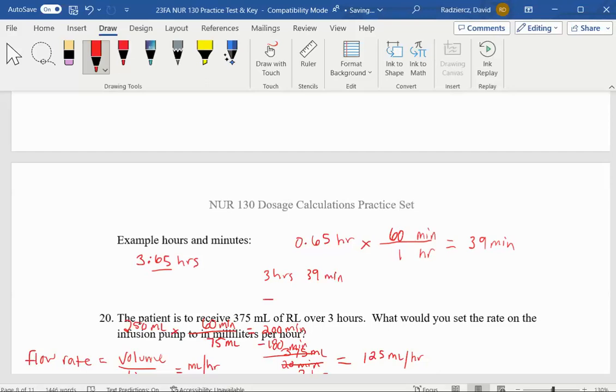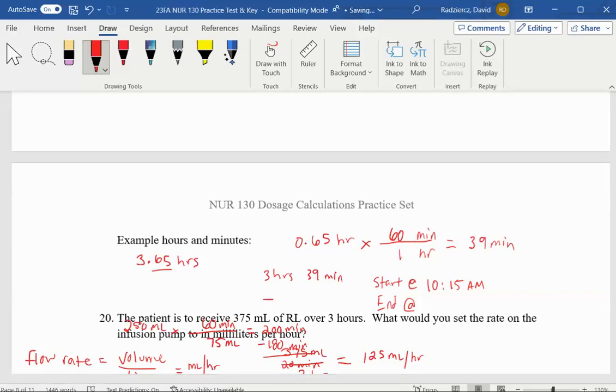So as another part of the example, let's say we started this at 10:15 a.m. What time would it end if it's going to run for 3 hours and 39 minutes?